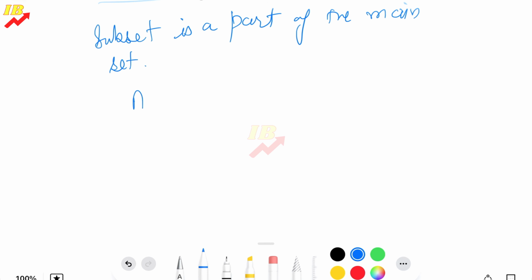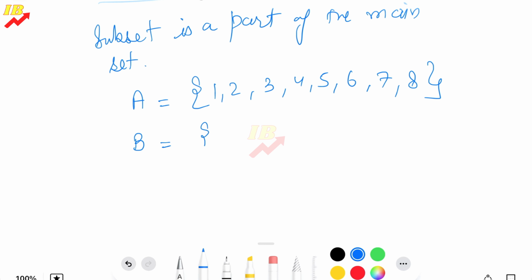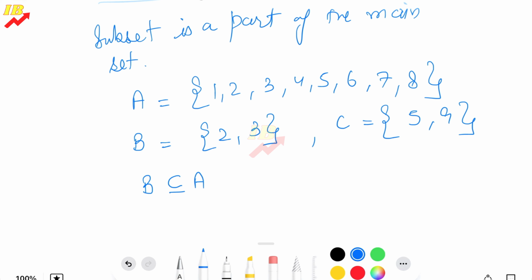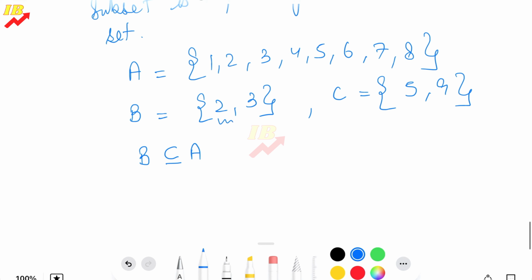If I say that set A is 1, 2, 3, 4, 5, 6, 7, 8, and set B is 2, 3, set C is 5, 9. And now I'm saying that B is a subset of A, which means that all the elements of B, like 2 and 3, are a part of this set. That's why we are calling B a subset.